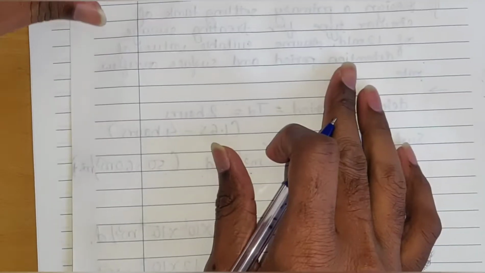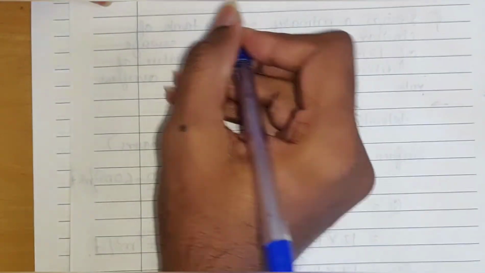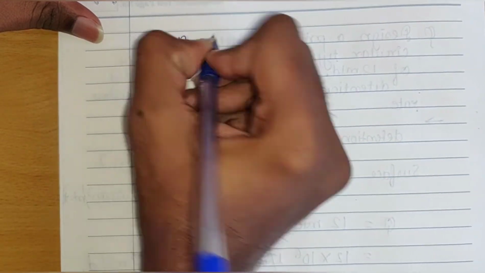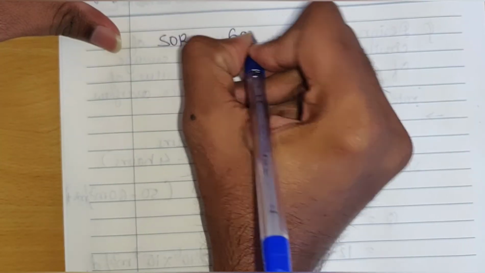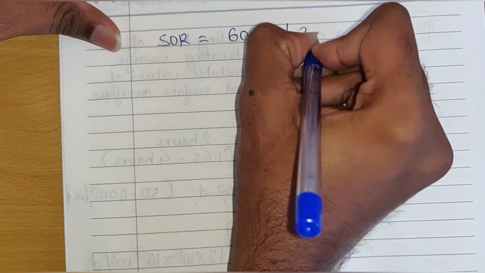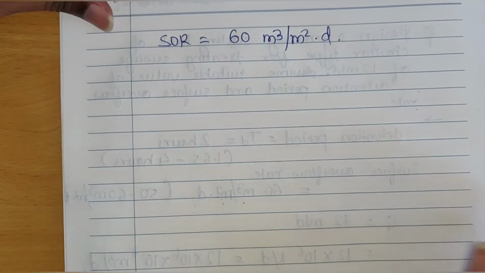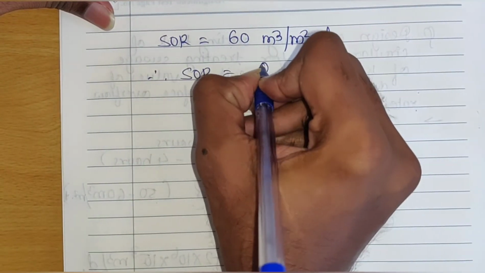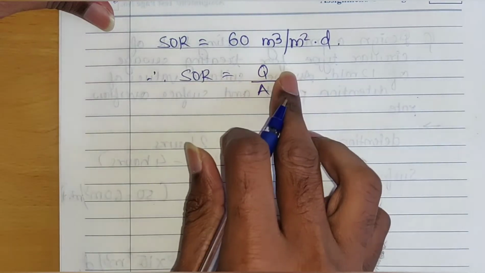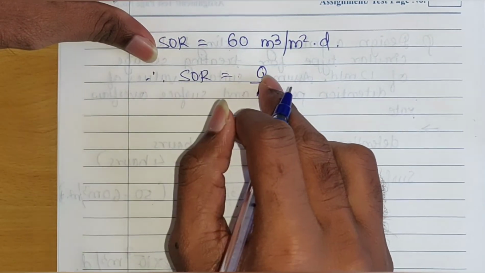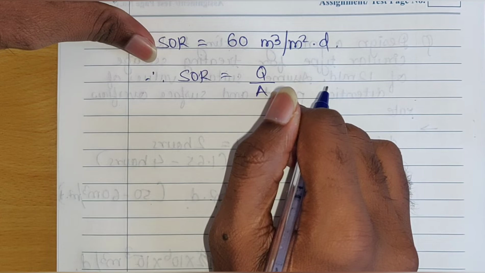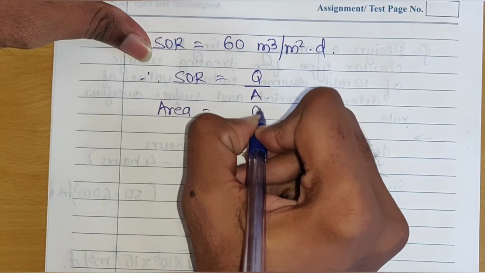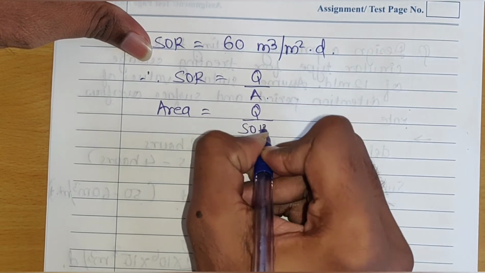Now we have assumed the value of surface overflow rate SOR is equal to 60 meter cube per meter square per day, and the formula for SOR is Q upon area. Surface overflow rate is the ratio of the flow rate and area. So area is equal to Q upon SOR.